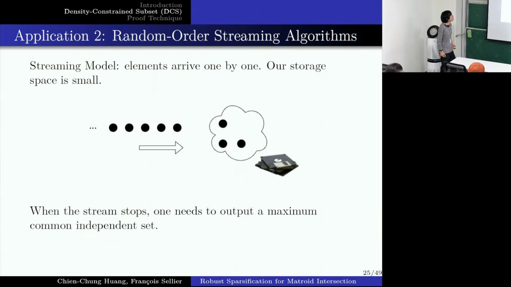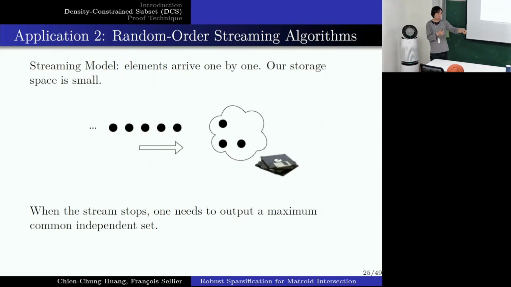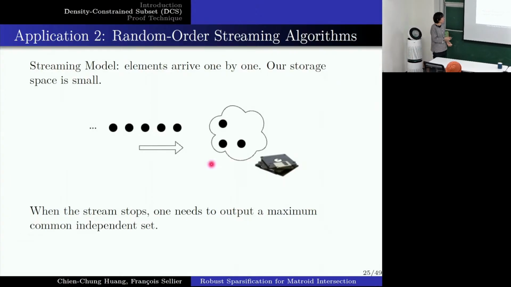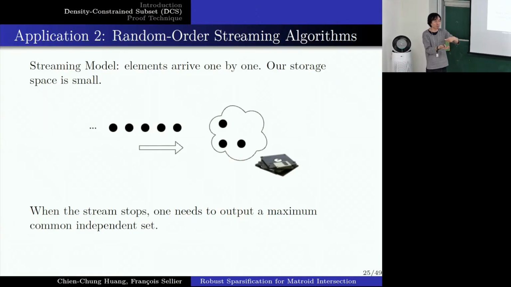Okay, the second application is the streaming model. Here's the setting: I give you elements one by one. But you have a very small disk. I'm a very old-fashioned guy, I'm still using the floppy disk. So you have this very small disk and are given so much data that you cannot store everything.